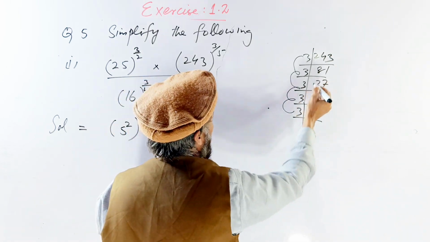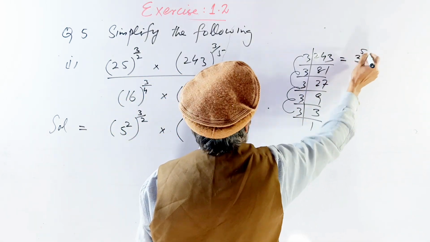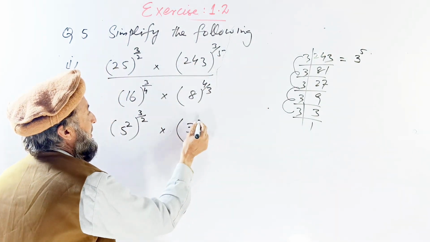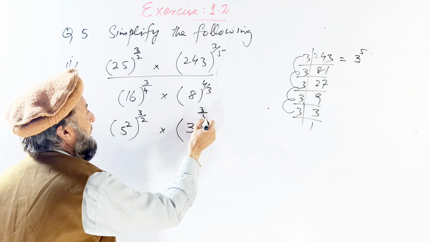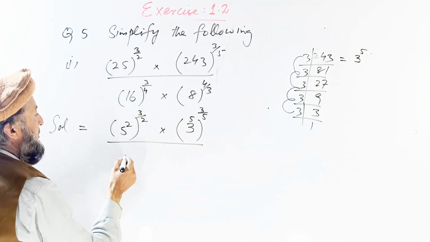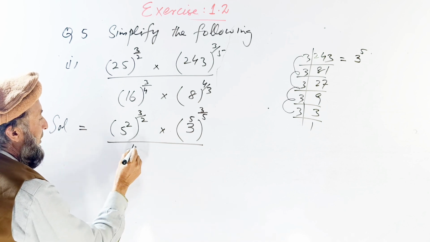So we get 243 as 3 power 5, because from the denominator term we have already discussed this. We can write 3 power 5 to the power 3 by 5, divided by 16. Here the denominator is 4, so we can write 2 power 4.